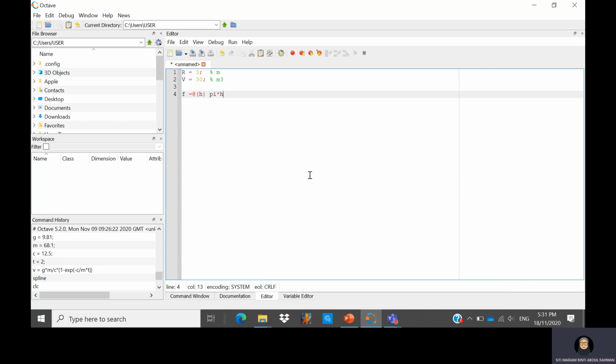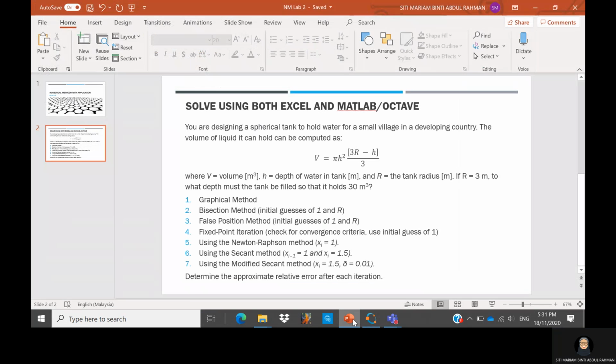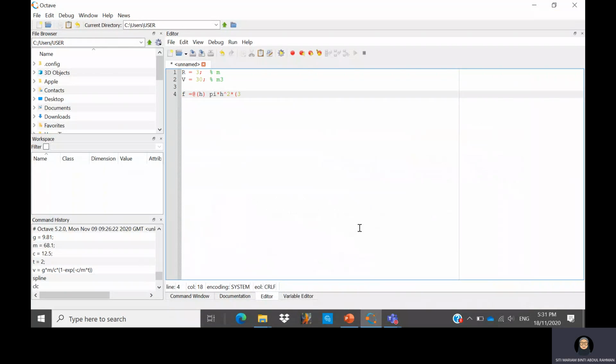And then you have h squared, and then 3 minus h, 3.